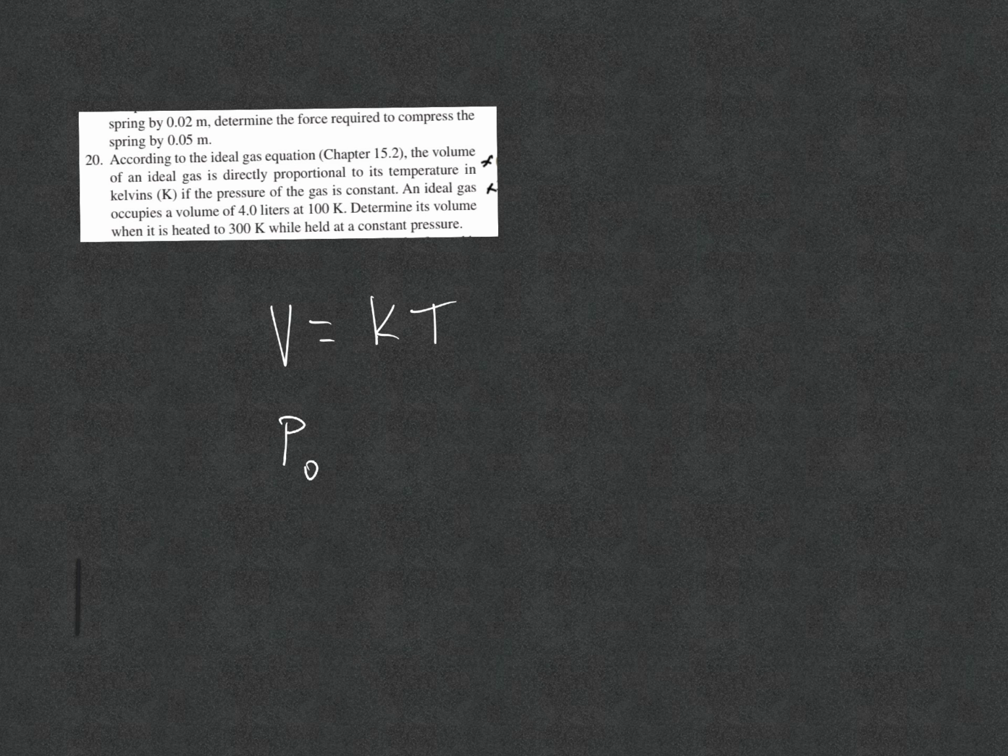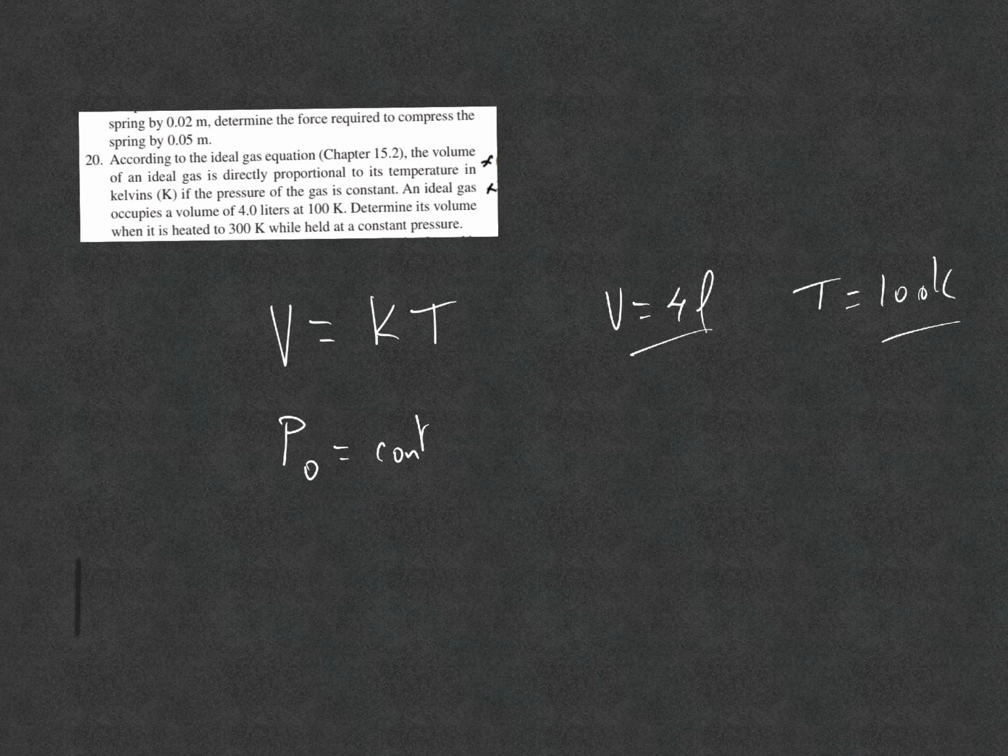At constant pressure, the volume is proportional to the temperature: more temperature, more volume. Yes, it's true. And it occupies a volume of 4 liters, so the volume is 4 liters when the temperature is 100 kelvins.